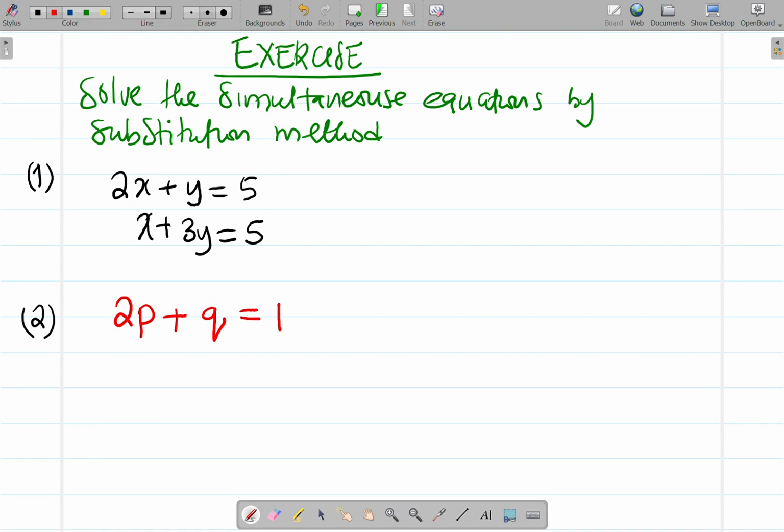You can also try 3p plus 2q is equal to 4.